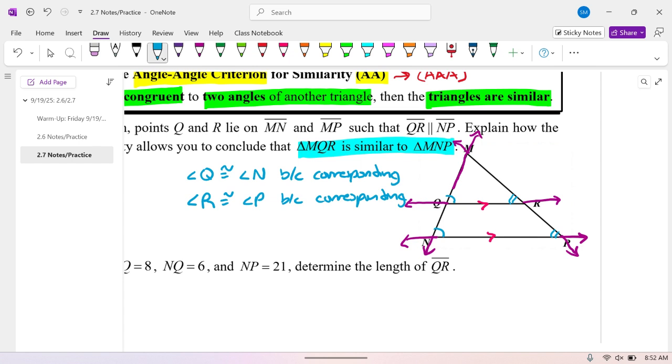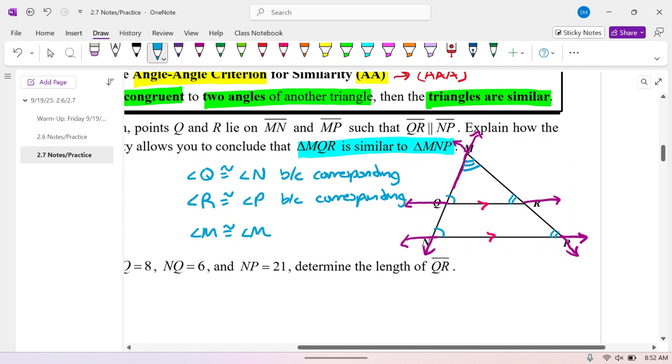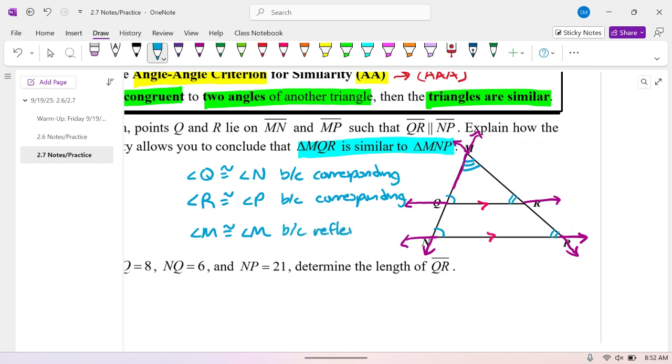Now, since we got two sets of congruent angles, we can also say that angle M is congruent to itself. But what's another reason we could state that angle M is congruent to angle M? When we were doing proofs, what property was that? It's the reflexive property. All right.